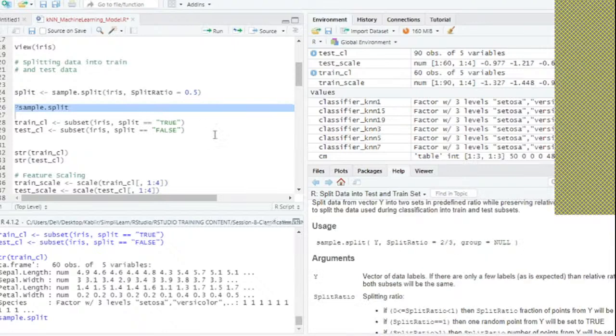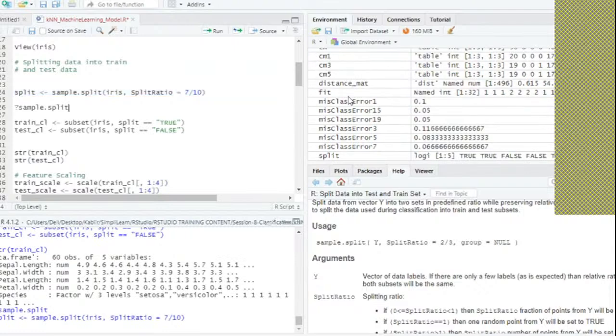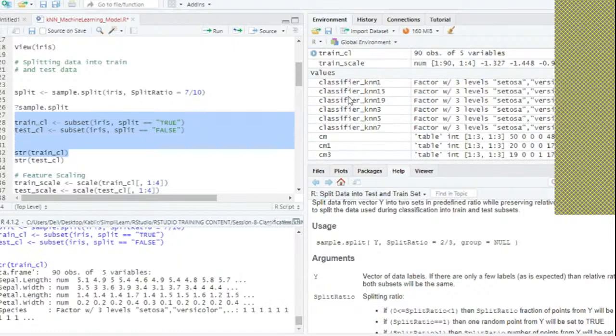Okay, try doing a fraction. Let's see if that works. 7 by 10. Again, it's coming out to be 9. See?